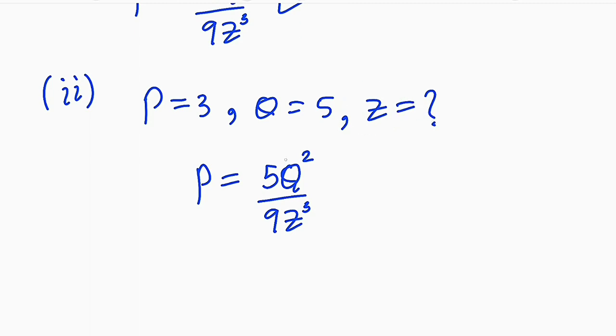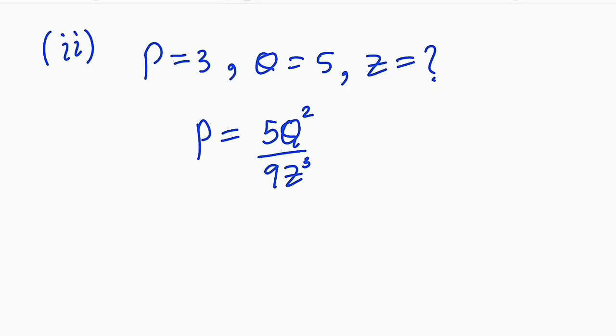If you like, you can make it the subject directly from this relationship, or you can simply substitute. Let's substitute. P is 3, so 3 equals 5 multiplied by Q squared, which is 5 squared, then divided by 9 multiplied by Z to the third power.